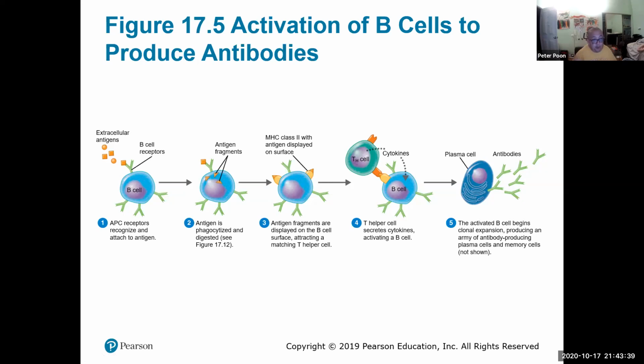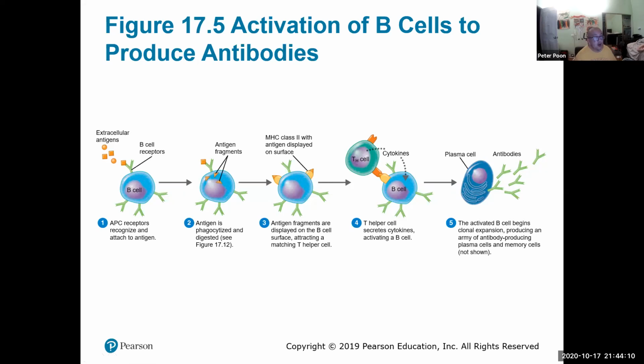Usually it will check the B cell, and if there's nothing displayed on there, then it doesn't care. But now that there is an antigen on there, now I do care. This B cell has a job to do, and therefore I will send it a signal to make more of itself.